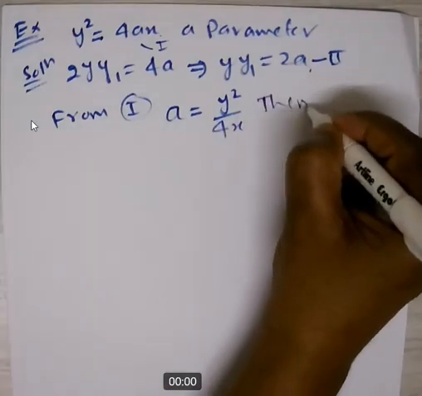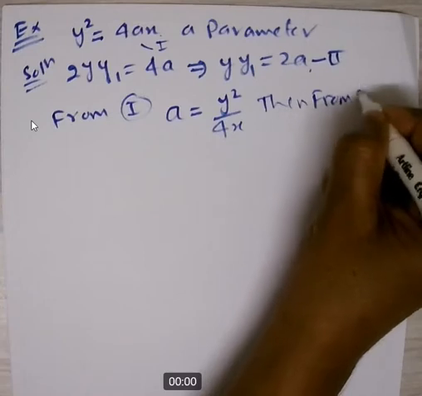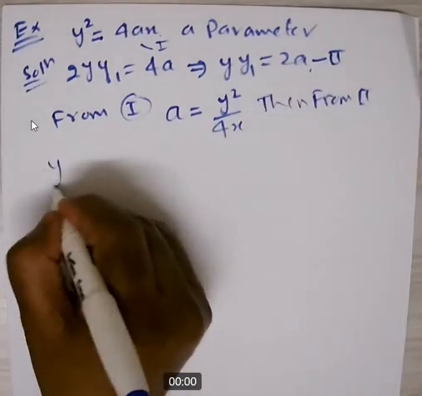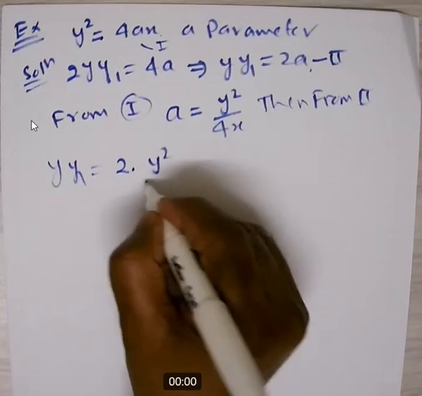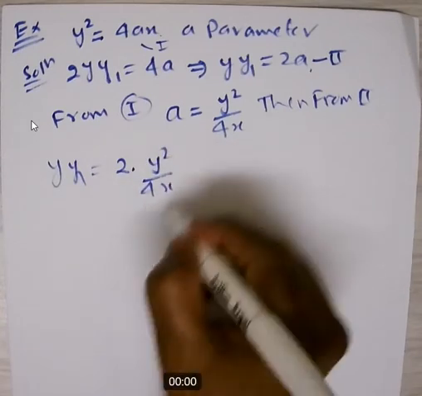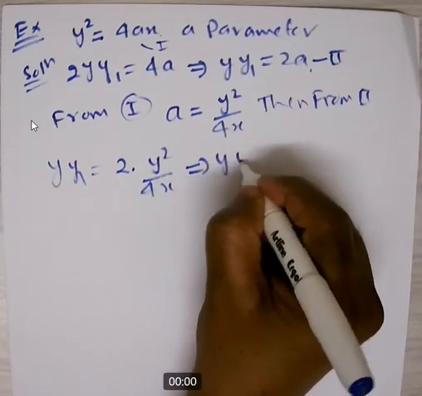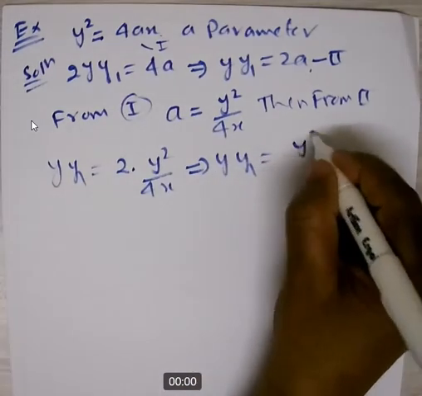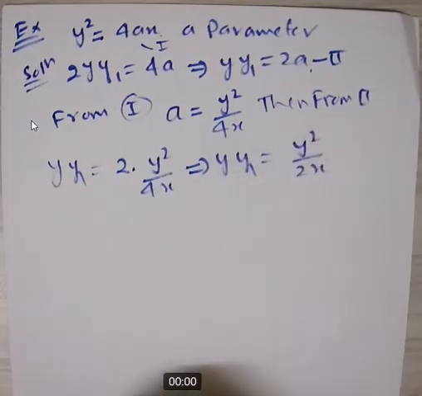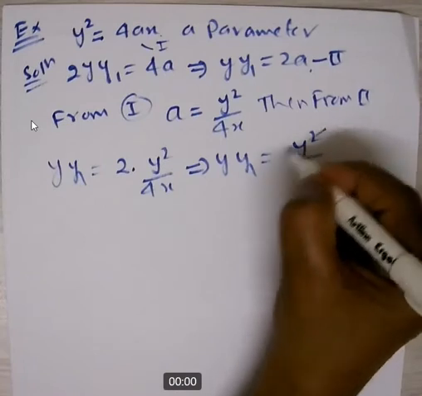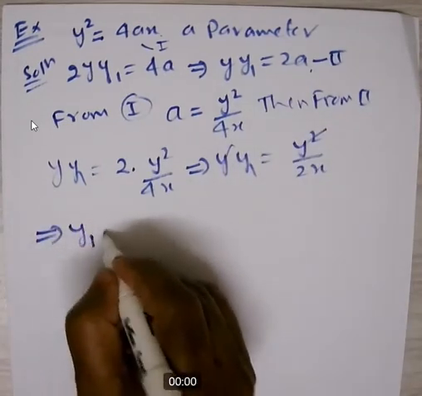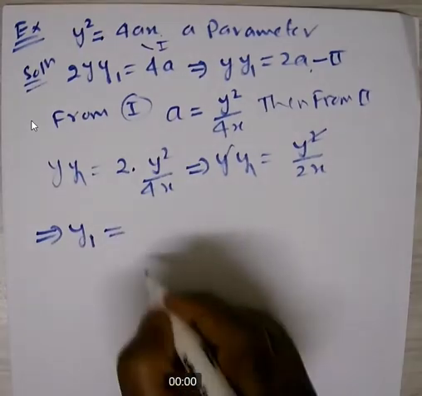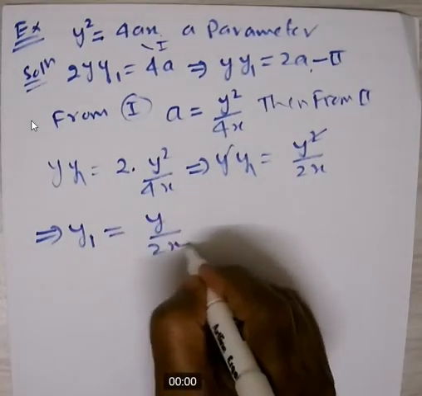Then y1 equal to 2a, where a means y square divided by 4x, so we can write y1 equal to y square divided by 2x. Now cancel this, so it becomes y1 equal to y divided by 2x.